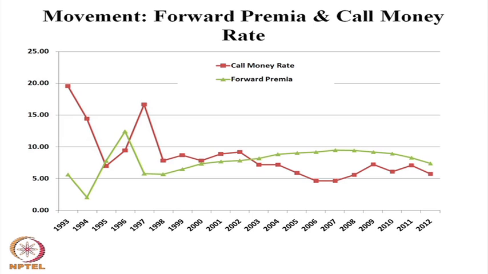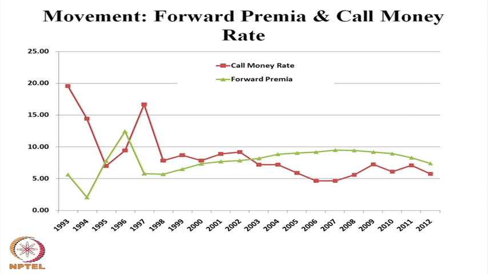This is an arbitrage opportunity. It will not exist if the forward premium is equivalent to the interest rate differential. Since they are the same, there is no arbitrage opportunity; what little remains is only because of transaction cost.